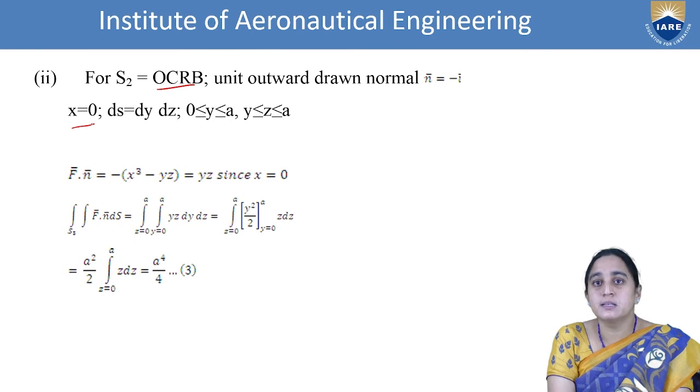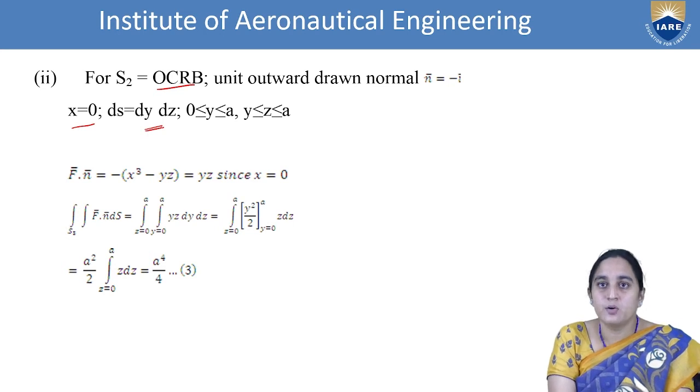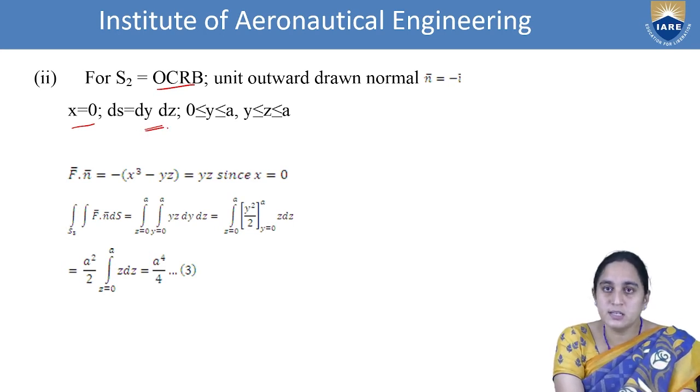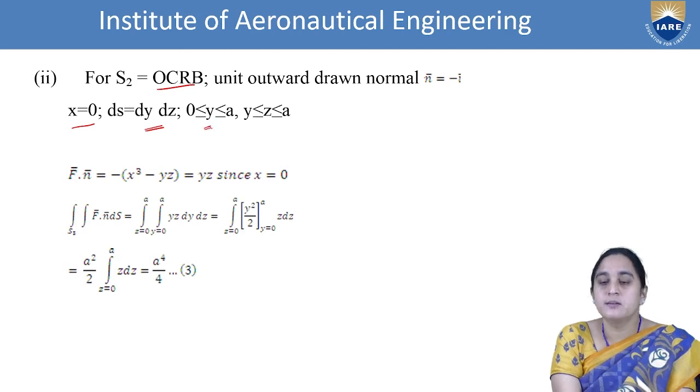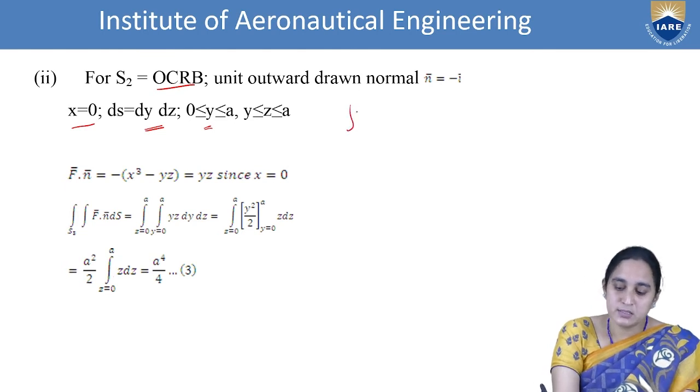On the x-axis negative side, x value is 0. Here ds is dy dz, which means the limit points for y are 0 to a and for z are 0 to a.